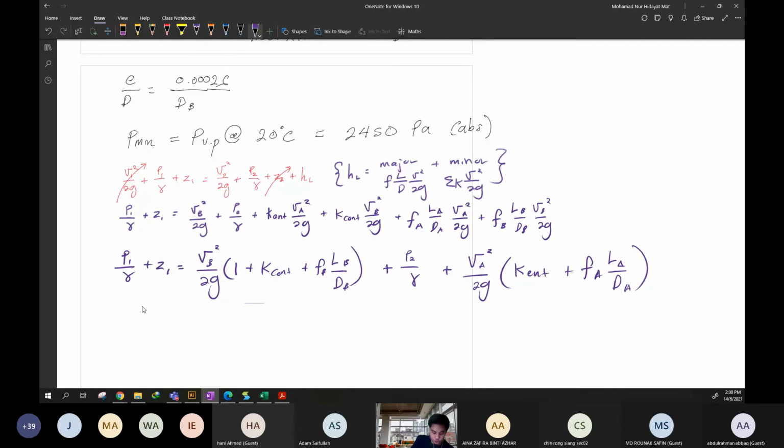Then you try to substitute all the values.